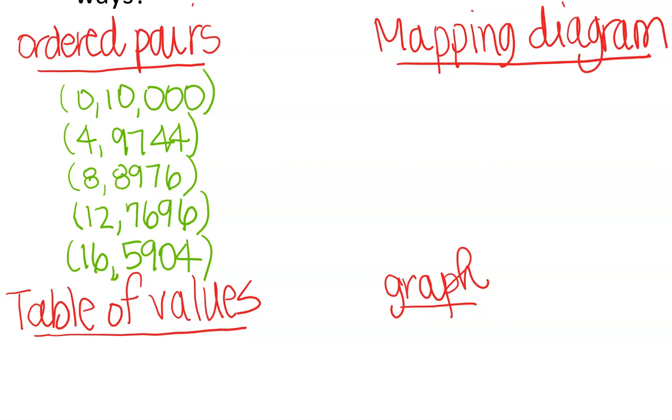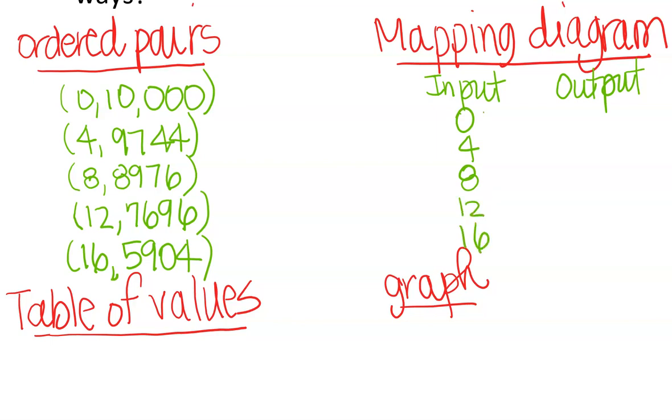The next thing we want to do is a mapping diagram. Now, when you're looking at a mapping diagram, the values in the left circle need to increase. So in the left circle are going to be the X values or the input. So we're going to go 0, 4, 8, 12, 16.